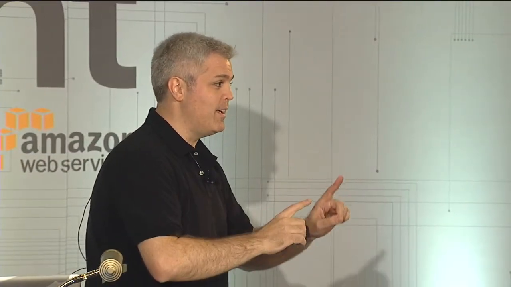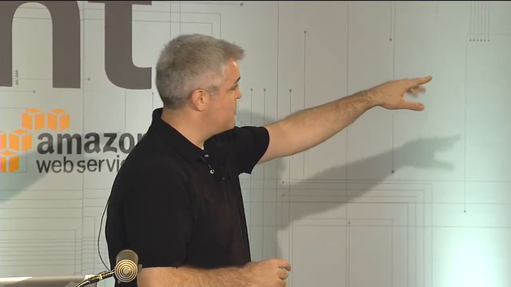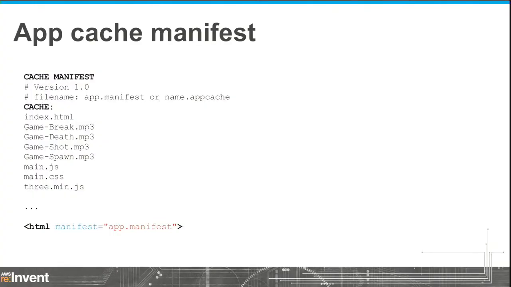Sometimes it won't let go of it later on, which can be buggy, but it works really well when it does work. And so the idea is that every time your browser gets that URL, the very first thing it checks for is the app cache, which is called name.appcache or something.app.manifest, or some .manifest. It checks for that. If it doesn't see it, it assumes you're offline and grabs all the stuff from your local.